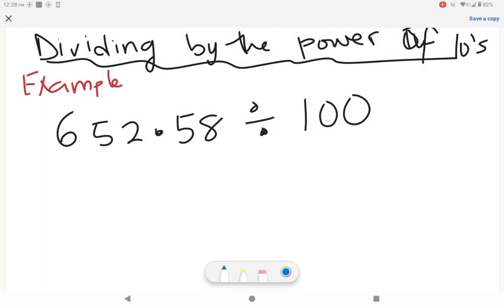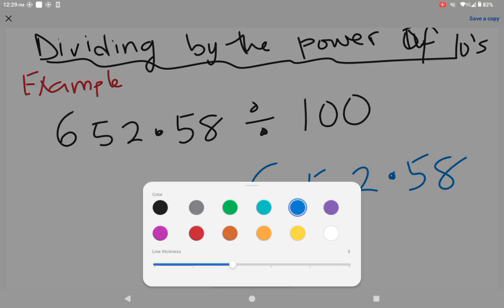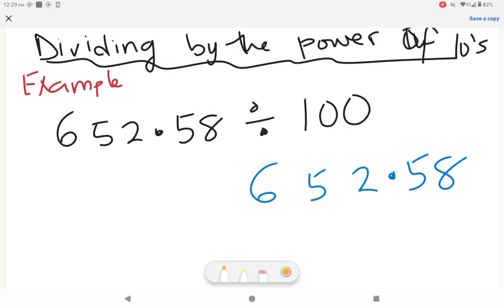Now I have to jump twice, and I have to start my jumping from the ones. First of all, I need to write the question down: 652.58. Which one is the ones there? Obviously, it is a 2.